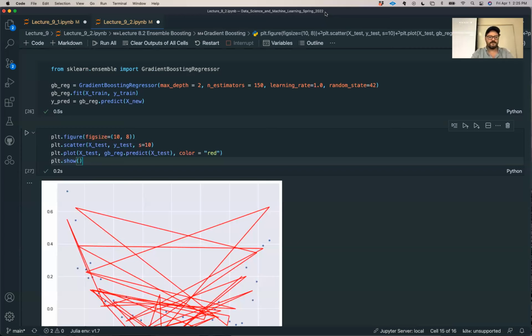And then x new test equals x new test dot reshape -1 1. Sorry, it's taking so long. And then y new.